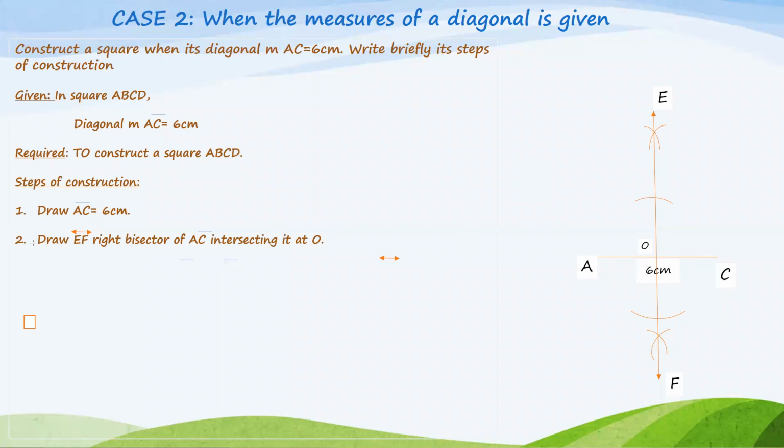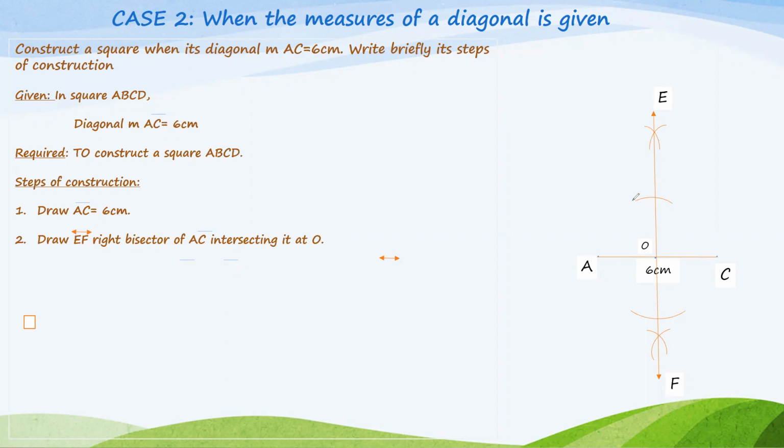So we have drawn the right bisector of AC intersecting it at point O. Now, students, we have to put the compass on this point O and open the compass till point C, or till point A, with the measurement of OA or OC.